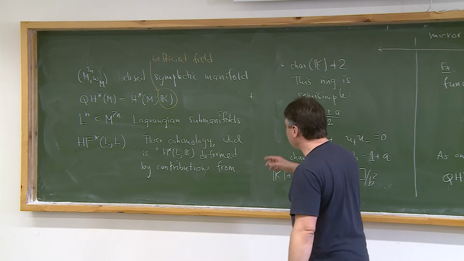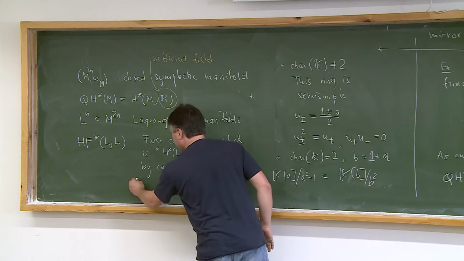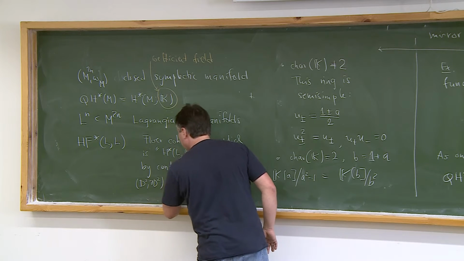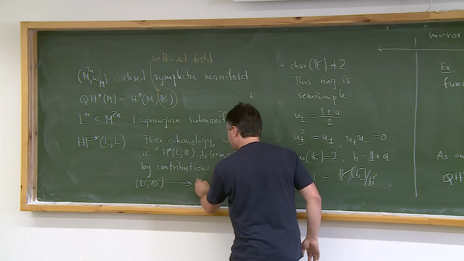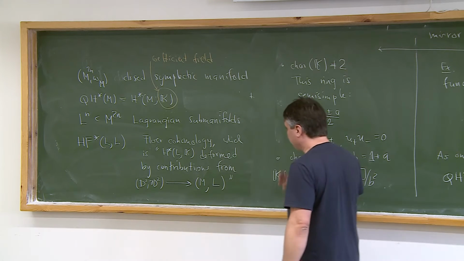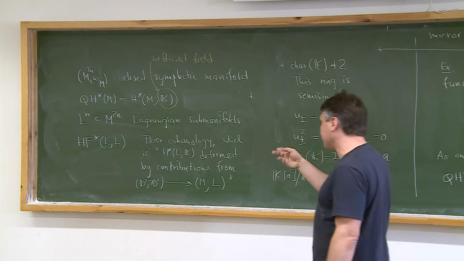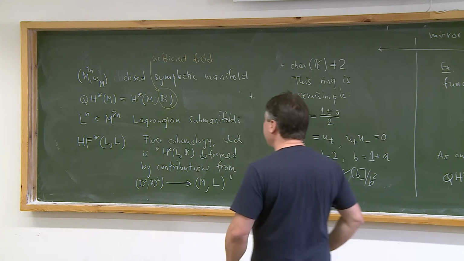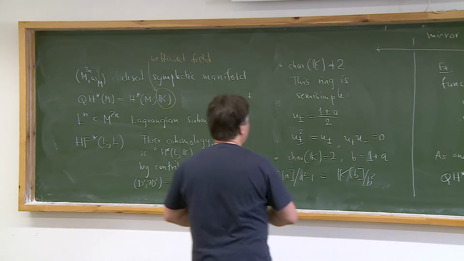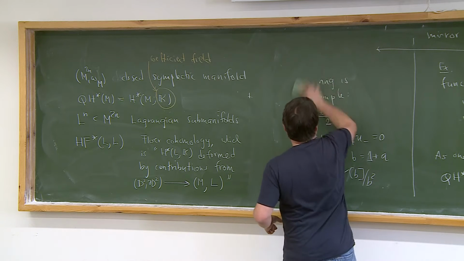as the ordinary cohomology deformed by contributions which are now maps from a two-dimensional disk, holomorphic maps into M with boundary conditions on L. So if there are no such maps, all such maps are constant, you just get back the ordinary cohomology with its ordinary ring structure. Okay.